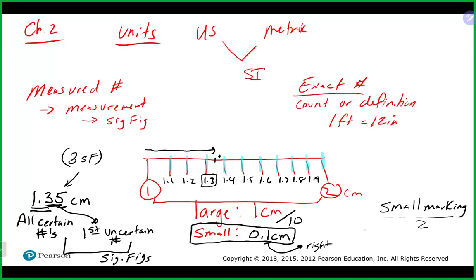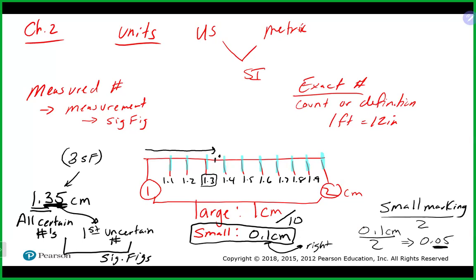So if we did that in this case, if we took the smallest marking, which represents 1 centimeter, divided by 2, you end up with 0.05. That is 2 decimal places. And once again, that is how many decimal places we should take the reading to.